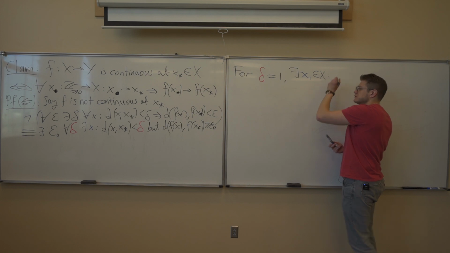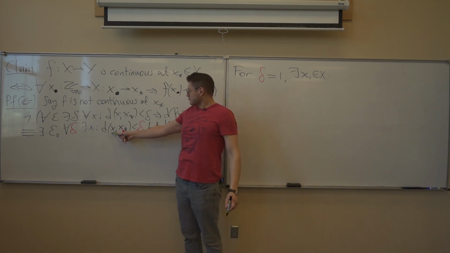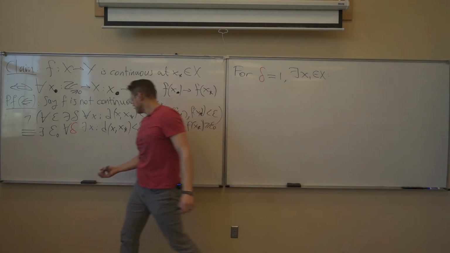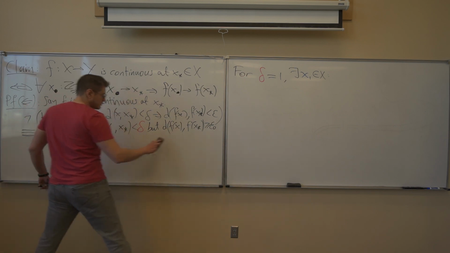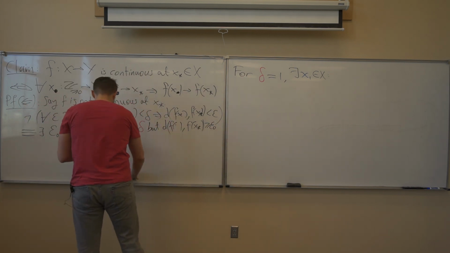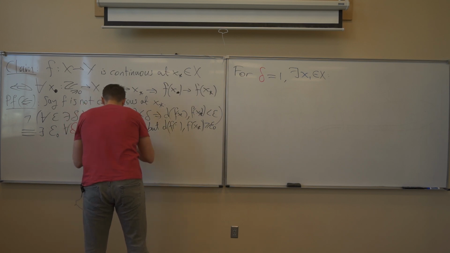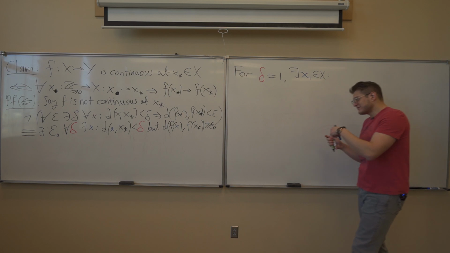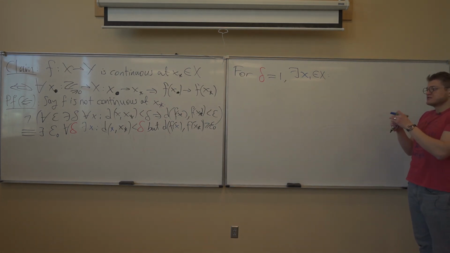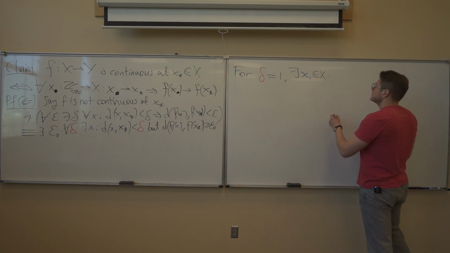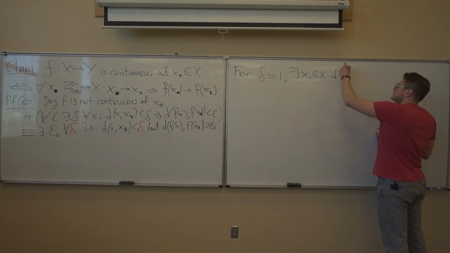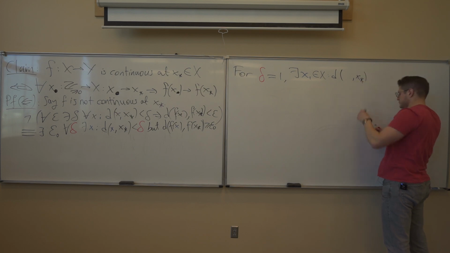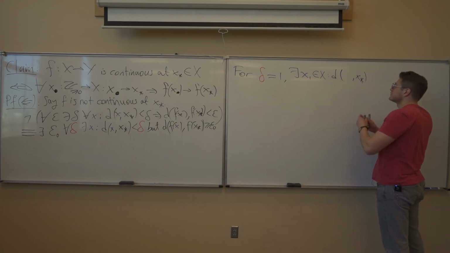In X, such that x1 is delta close to x star, but its image is farther than epsilon star compared to f of x star, such that d of this, it's blue.